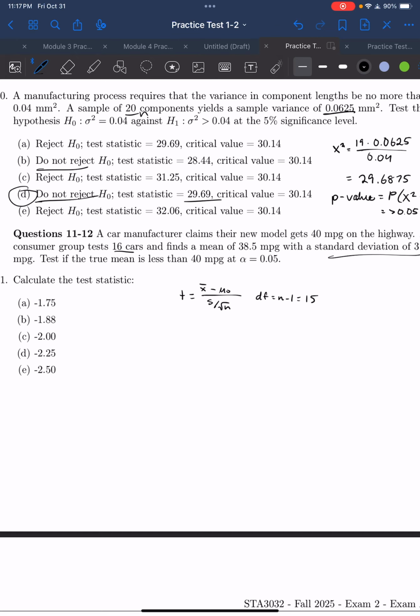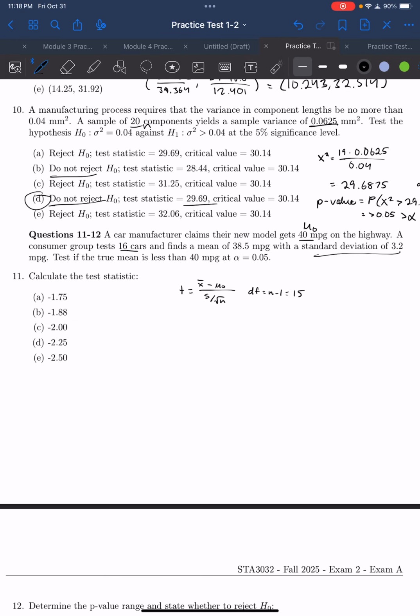And then this is our mu, and our sample mean x bar is 38.5, and our sample standard deviation is 3.2, and then we have our n again, which is 16 cars.